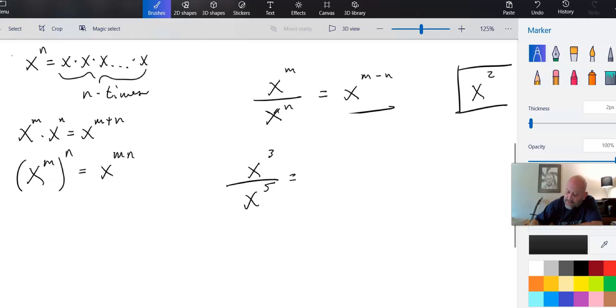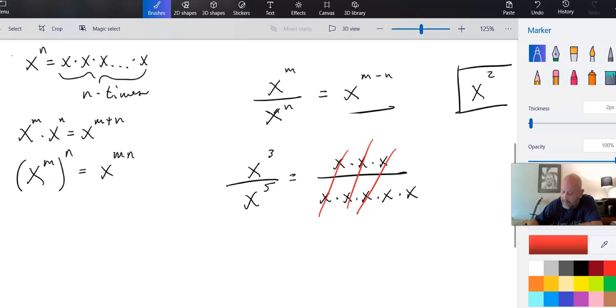If I unwind this definition and write it out, I can do the exact same thing and I can cancel three of these out. Now, there's always a question, what do I put on the top if everything cancels out? Well, if everything cancels out, there's always a 1 sitting there, okay? So look what we're left with now. I have 1 over x squared.